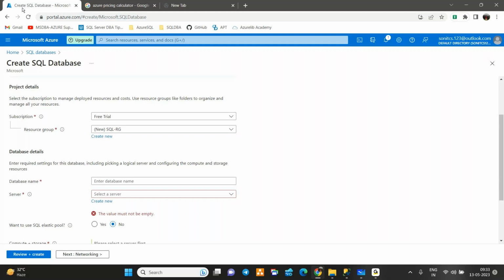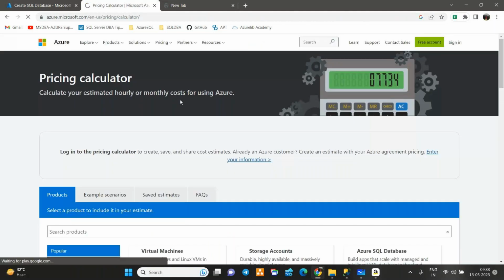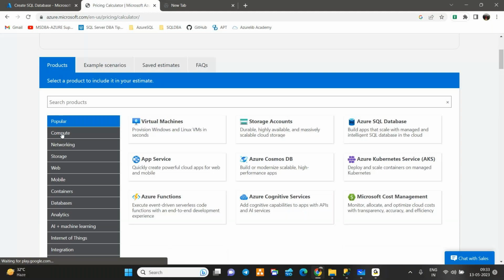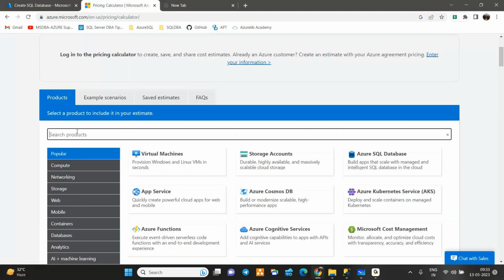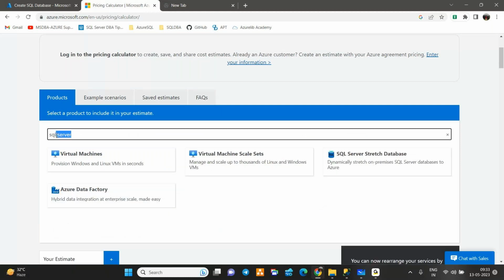Before you create the logical server, there is a service called the Azure pricing calculator. If you want to see how much Microsoft is going to charge for each service, you can choose it here. For example, I need one logical server. SQL server is nothing but a logical server.